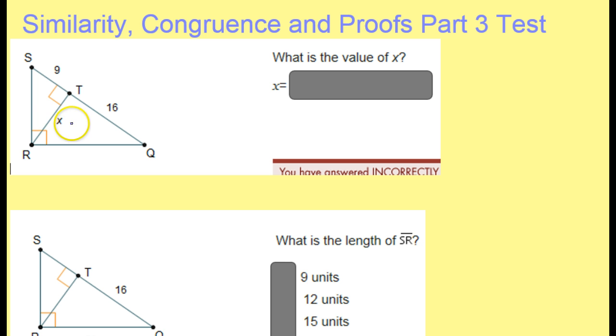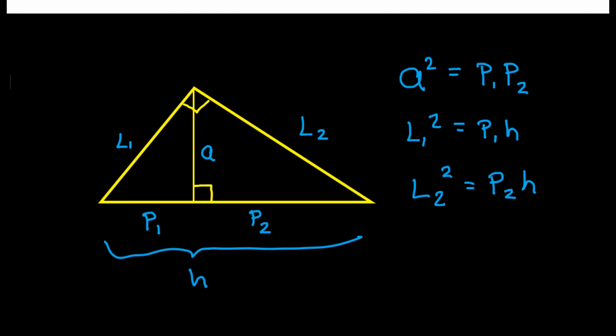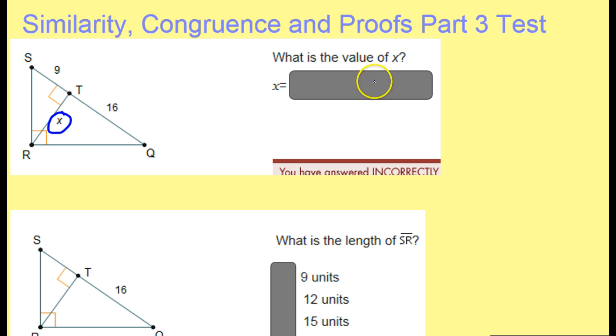So, on this problem, we're dealing with the altitude x, and then we've got the two parts. That reminds me of the very first formula, where the altitude squared is equal to part times part. So using that formula, the altitude squared should equal part times part.